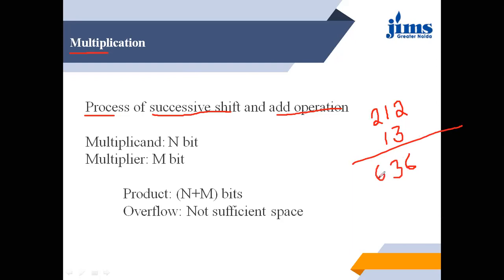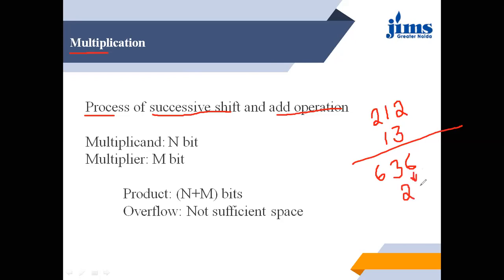Now if you pay attention, we write the first digit of the next partial product, 2 multiplied by 2, not from below this number.